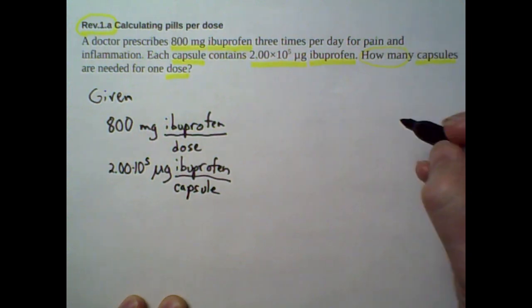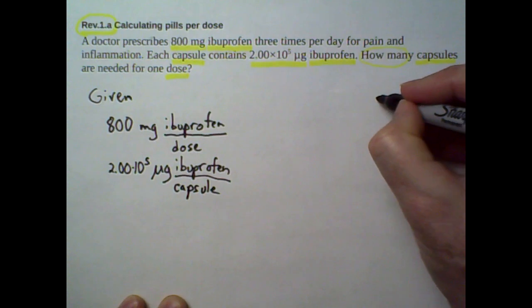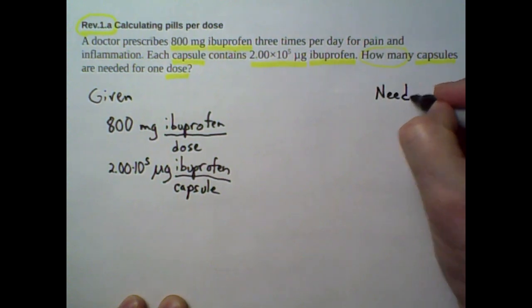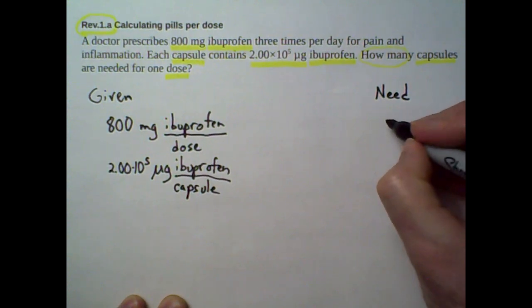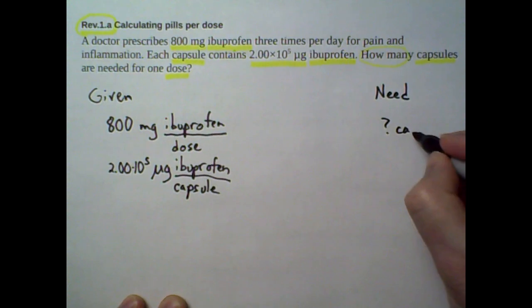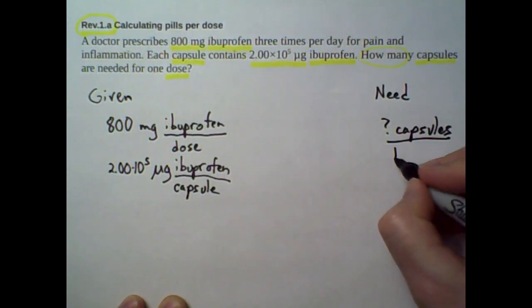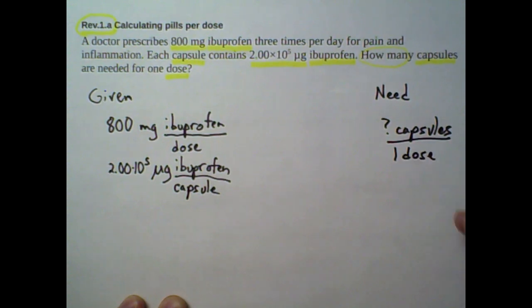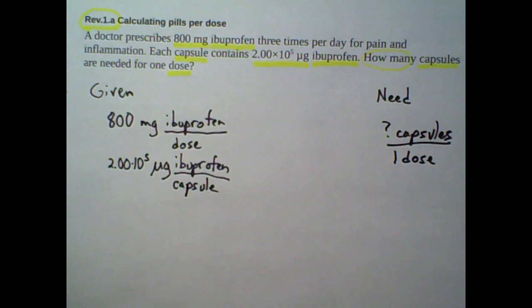And I need to write down what's needed. I need an unknown number of capsules in one dose. So I'm going to look for connections between these.